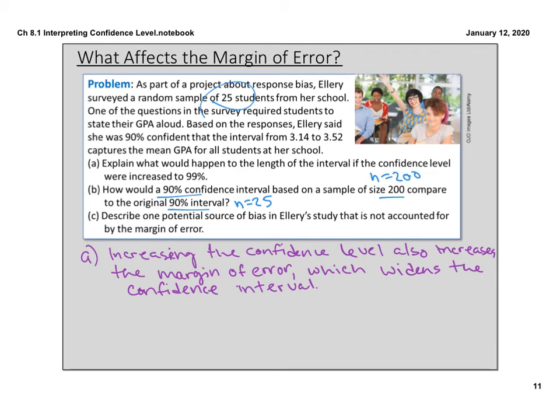Well, if you increase your sample size from 25 to 200, that is going to have a good effect on your confidence interval.